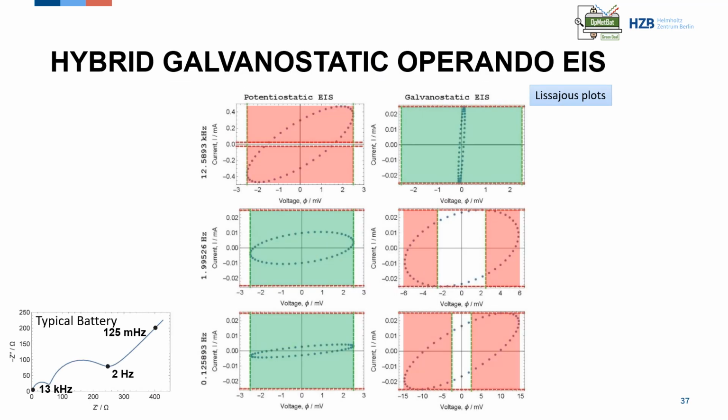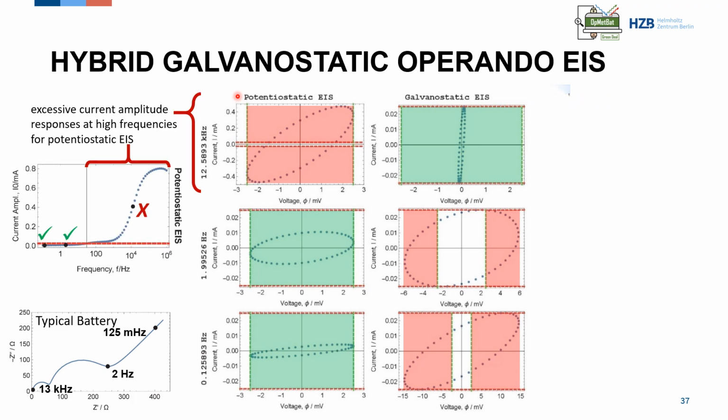Last, another consideration is the measurement mode of operando electrochemical impedance spectroscopy. The amplitude of the response signals can exceed the limits at certain frequencies to get a linear response, depending on the measurement mode. For potentiostatic mode, the current is the response signal, and at higher frequencies, the current amplitude is too high.